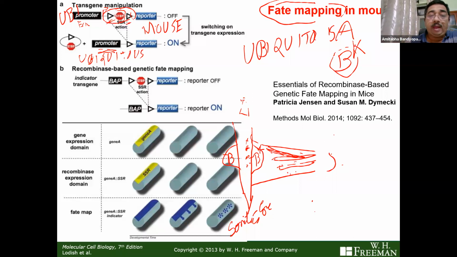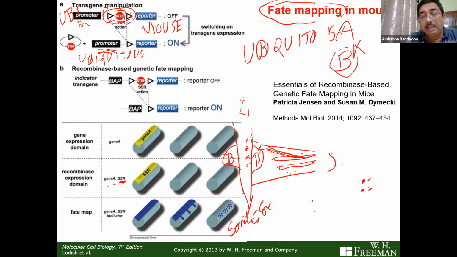Okay. Now, how this is done is a site-specific recombination. Here in this gene A, if you use a site-specific recombinase, okay, and in mouse genetics, when you use this symbol, it denotes a knock-in.